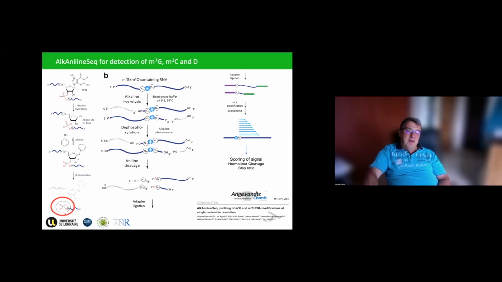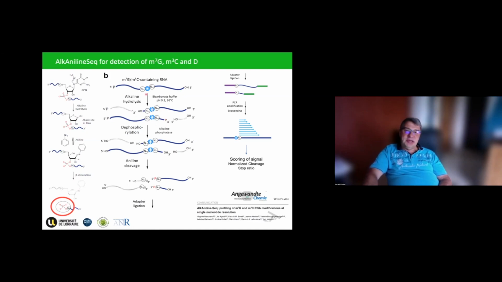So we sought to use this phosphate for specific ligation to somehow enrich fragments starting from the N+1 nucleotide resulting from the cleavage. We also accidentally found by analyzing different controls that just alkaline hydrolysis without borohydride reduction is sufficient to pick out m7G and also some other modified nucleotides I will talk about in a moment.